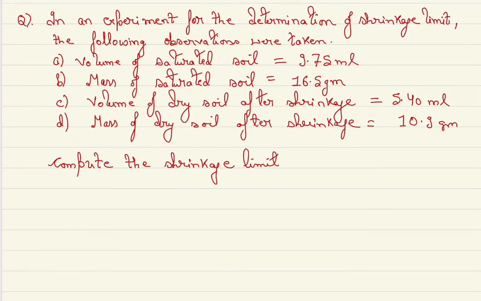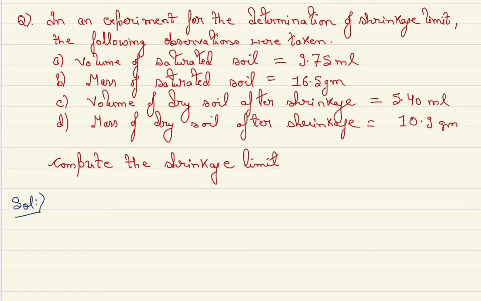Let us now solve another question. In an experiment for the determination of shrinkage limit, the following observations were taken. Volume of saturated soil is 9.75 ml, mass of saturated soil is 16.5 gram, volume of dry soil after shrinkage is 5.40 ml, and mass of dry soil after shrinkage is 10.9 gram.